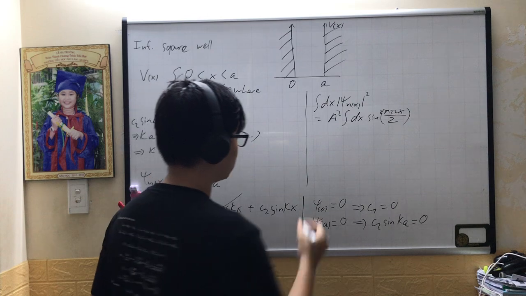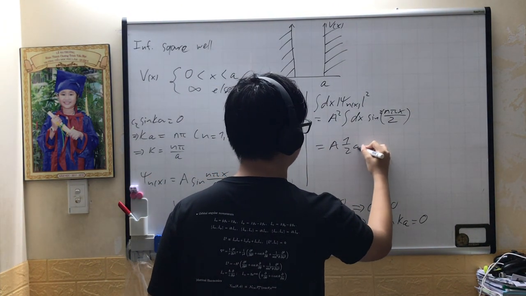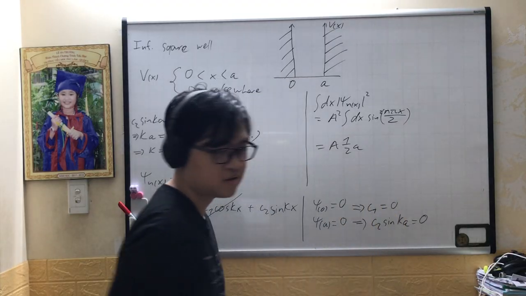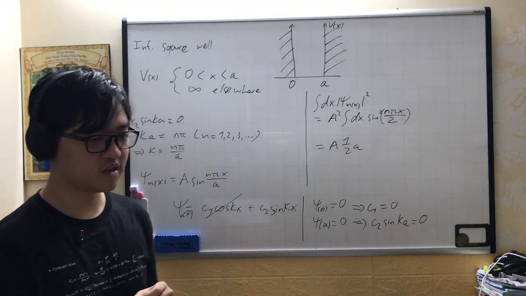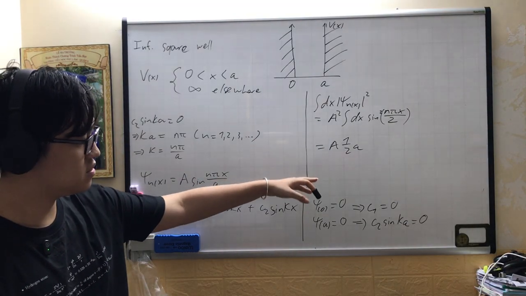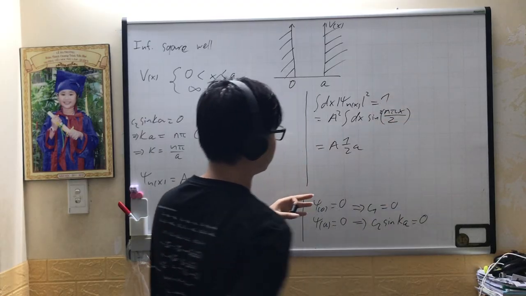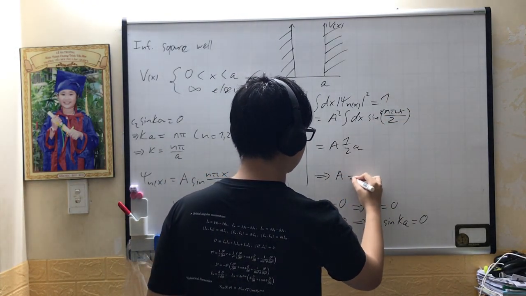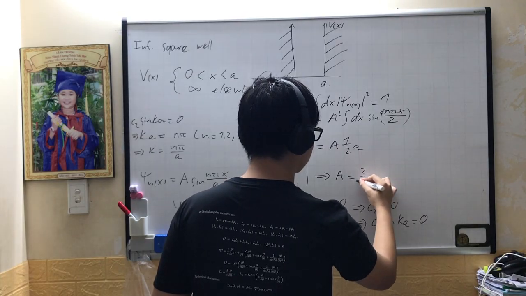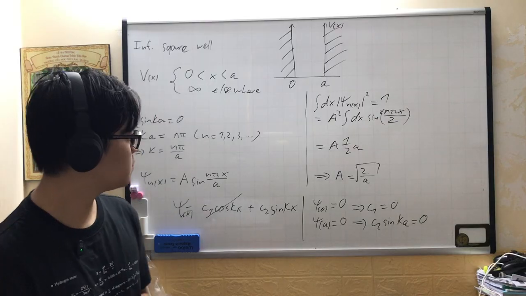But you get that this is equal to 1/2 a. Yep, it is 1/2 a. From here, this has to be equal to 1, so you get that your A is root of 2 over a.